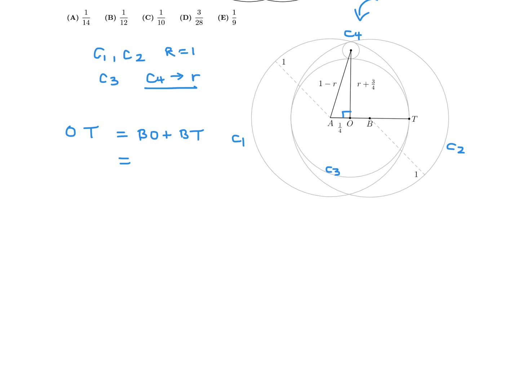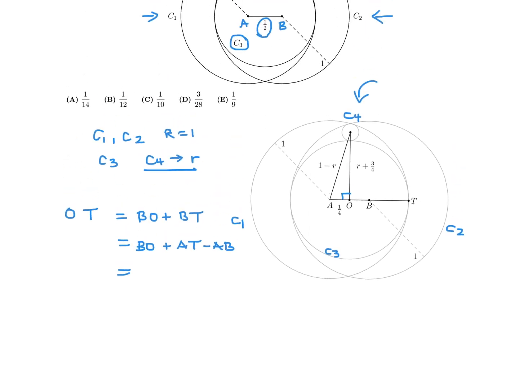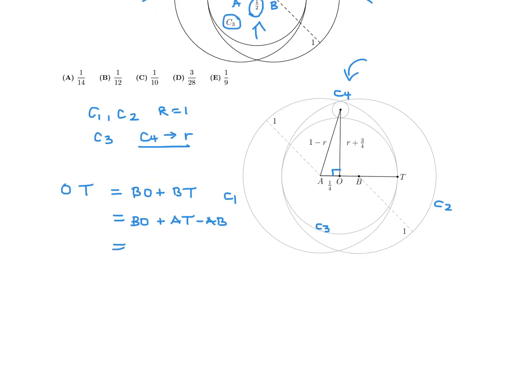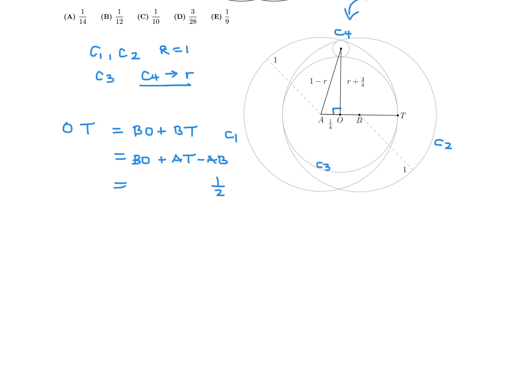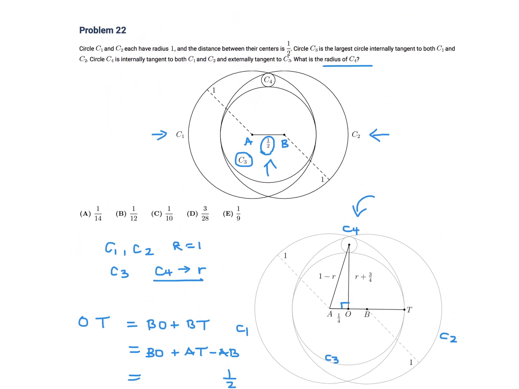Now BO, I will just leave that for now, but BT is the equivalent of AT minus AB. Now AB we know, that was given up here, that's a half. So we'll put that in there. And AT is the radius of C1, right? Because A is the center.